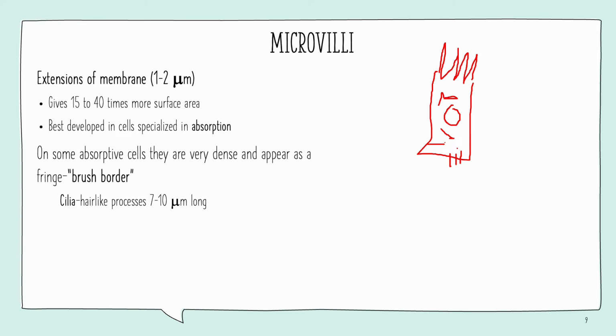What it does is it gives the cell membrane more surface area. Microvilli are usually found in cells that are specialized for absorption. You would find these mainly in the intestine when they absorb nutrients.